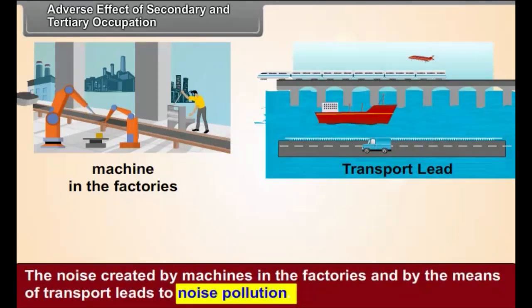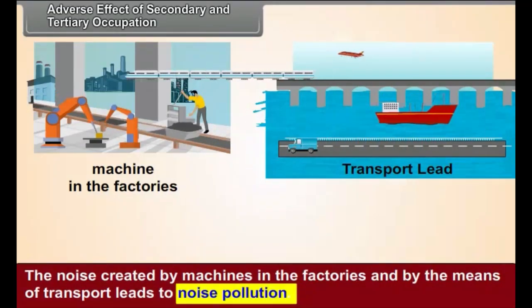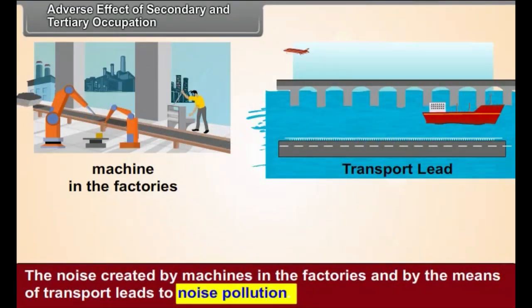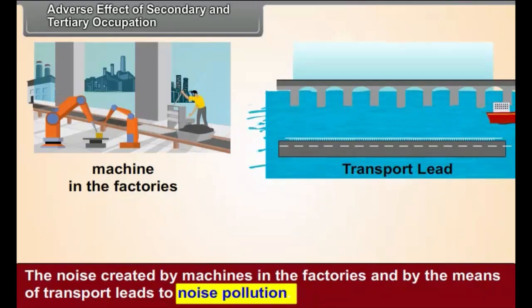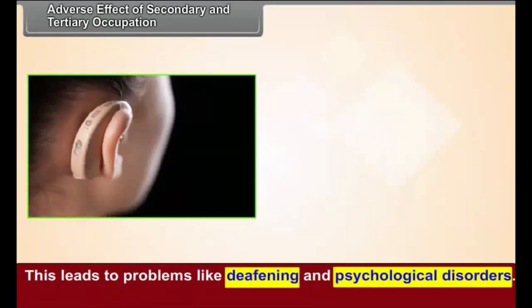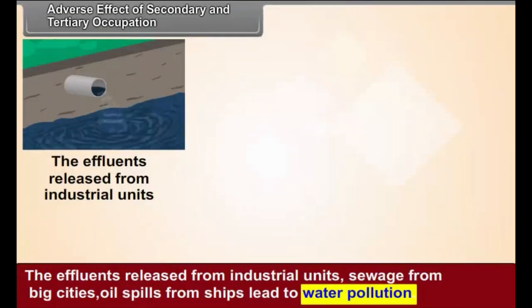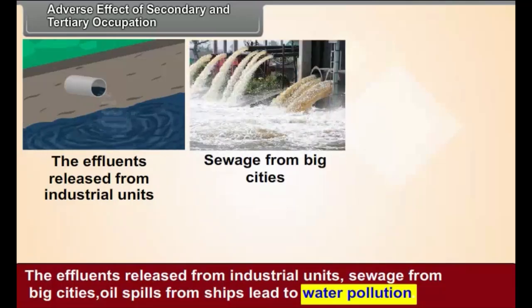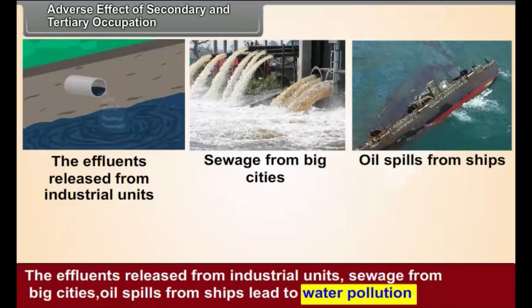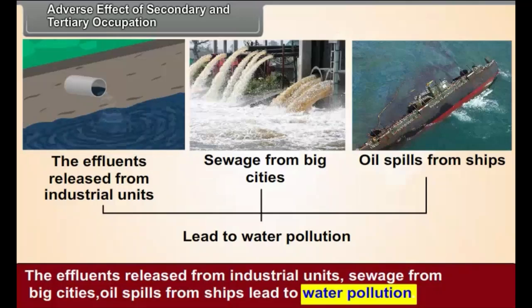The noise created by machines in the factories and by the means of transport leads to noise pollution. This leads to problems like deafening and psychological disorders. The effluents released from industrial units, sewage from big cities, oil spills from ships lead to water pollution.